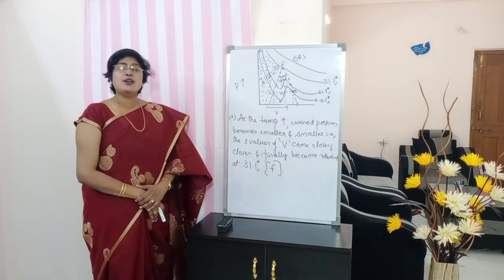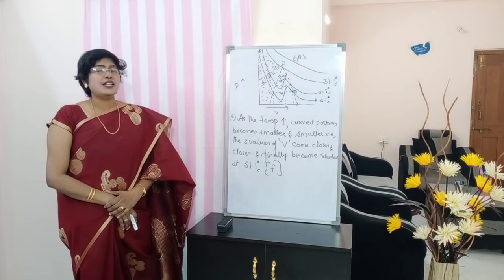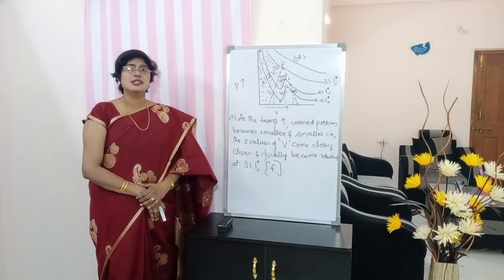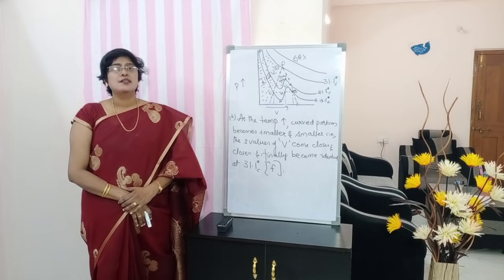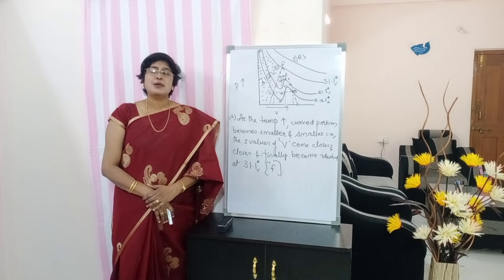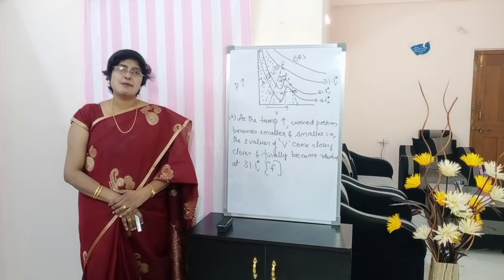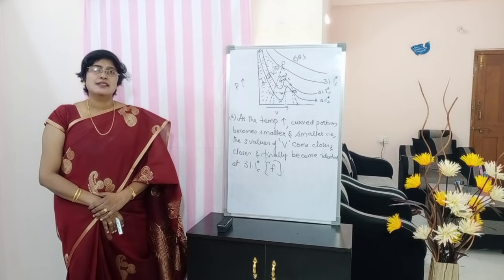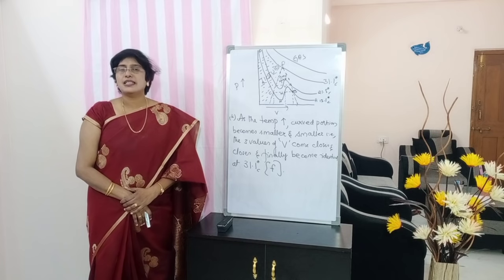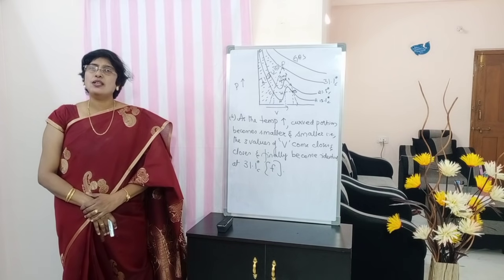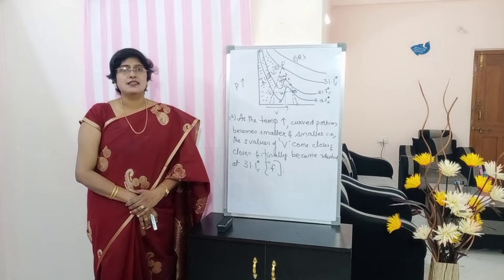So below critical temperature, there are three values for volume for one pressure at a particular temperature. Full stop. But at critical temperature, all the three values of volume have become identical.